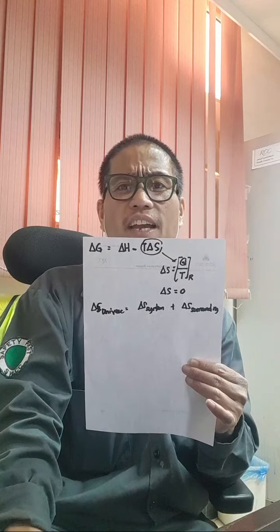We have, for example, the temperature input, and here the temperature output, and then we also have QH here and QC here.